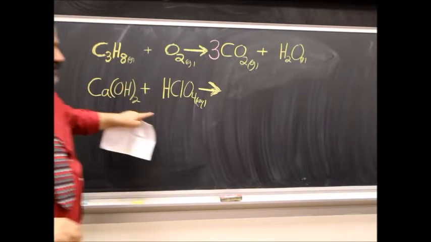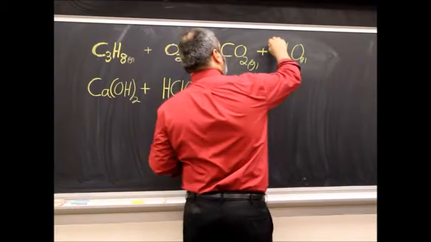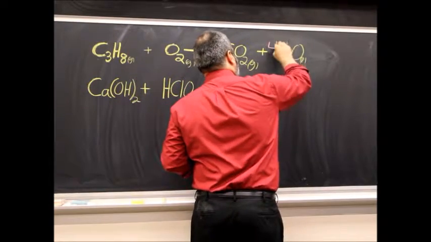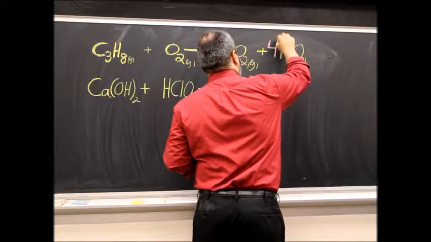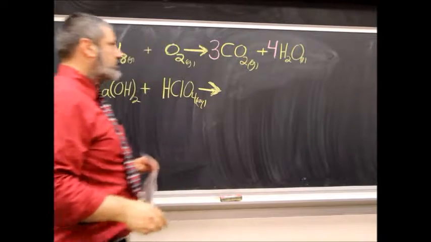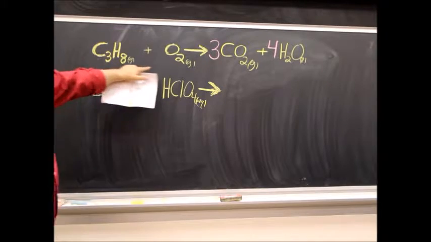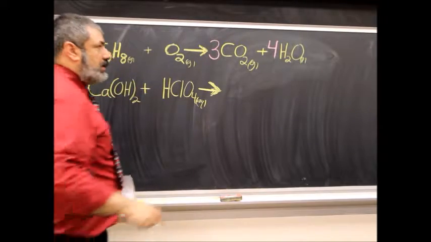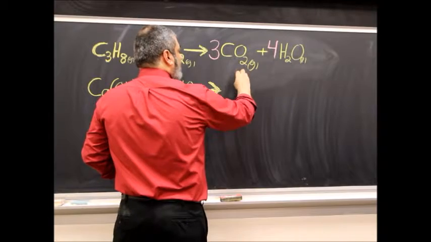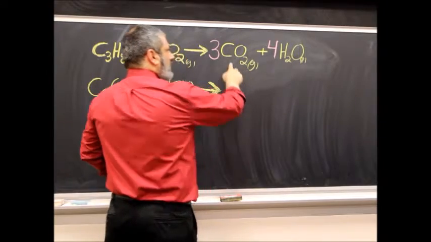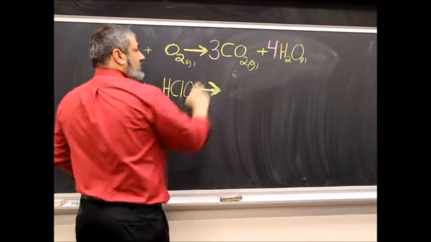8 hydrogens. We only have 2, so we put a 4 in front of the water. Carbon is balanced, hydrogen is balanced, but of course oxygen is not. We have a total of 6 oxygens from CO2, right? 3 times 2.